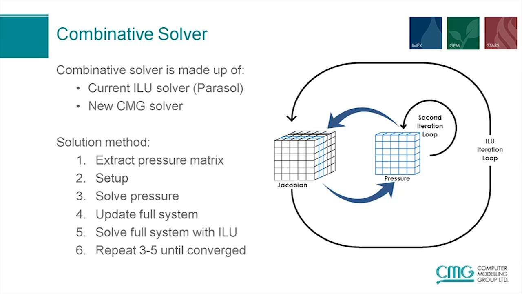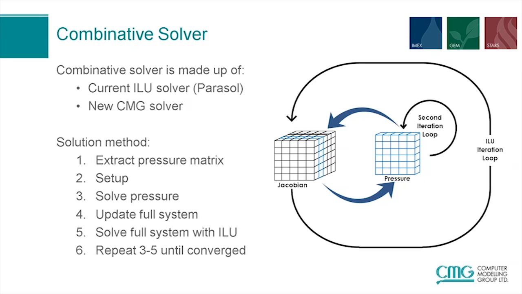And the Jacobian matrix, once again, undergoes the same IOU iteration loop. The only difference here is that with the pressure matrix almost solved, this iteration loop will converge much quicker, and in turn reduces the number of Newton iterations that are needed, and in turn gives you a better time step control. Overall, this gives you a very good speedup on your runtime.